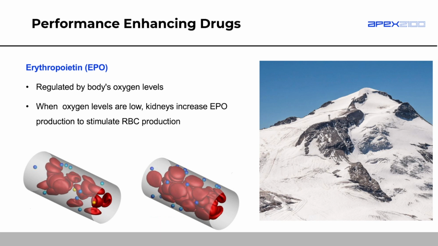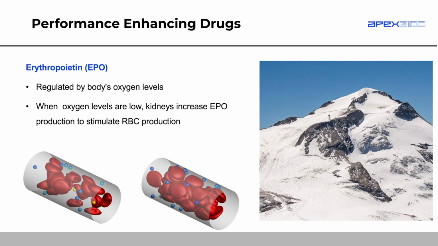So when the oxygen levels are low, say for you guys living in altitude, there's not as much oxygen as there is when we're down at sea level. So when the oxygen levels are low, the kidneys increase their EPO production to stimulate more red blood cell production. Because there's a low amount of oxygen in the air, my body's going to compensate for that by creating more red blood cells to carry more oxygen.